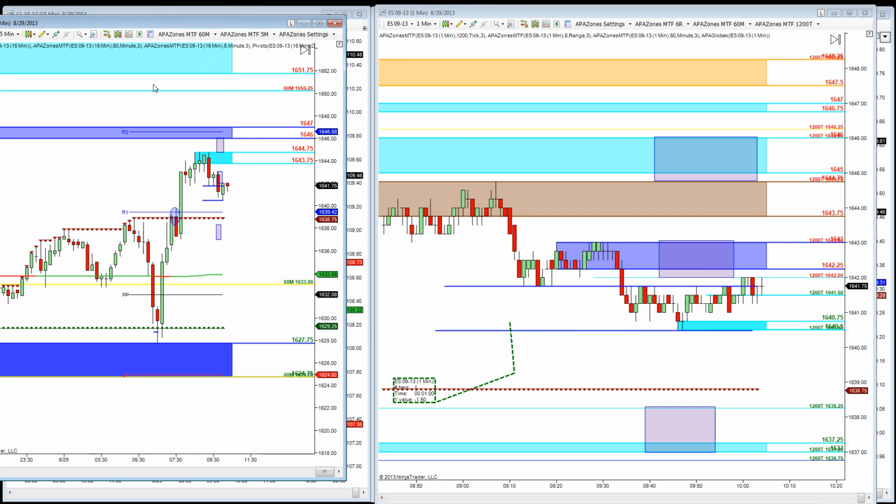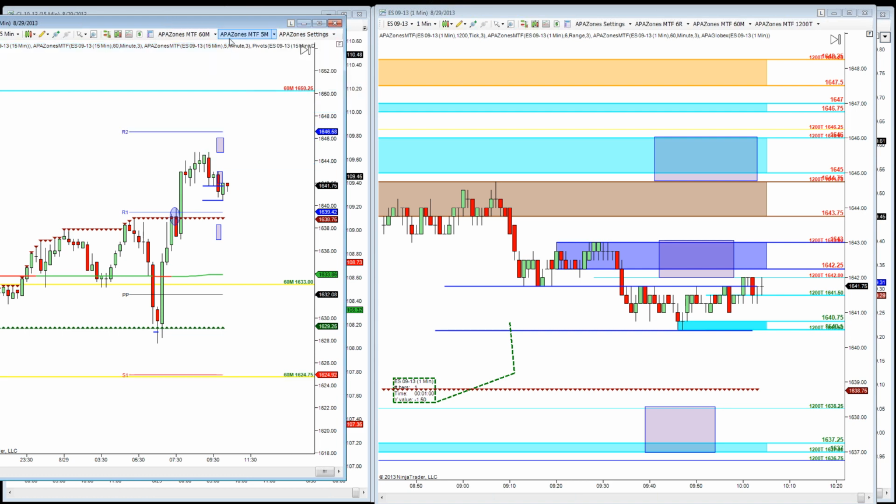So in the grand scheme of things, it really does seem like we're moving up to like 1650, if you take off all the colored zones and all that stuff, and you just look at your 60-minute levels.